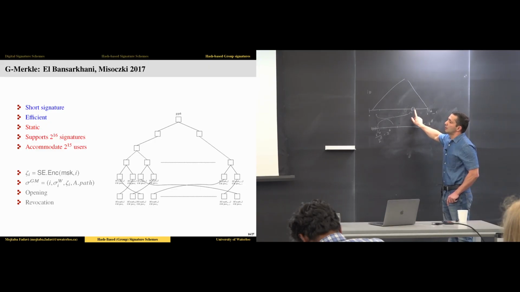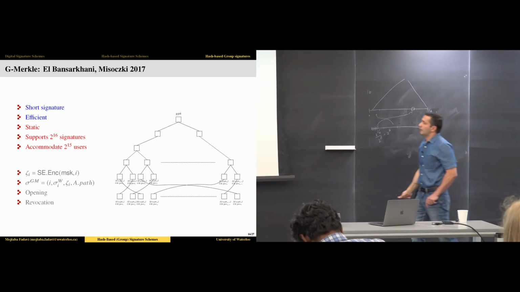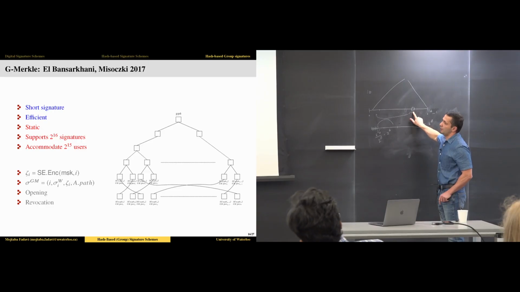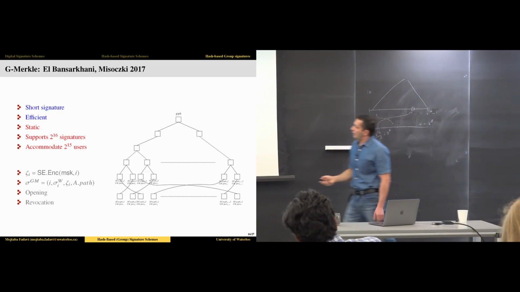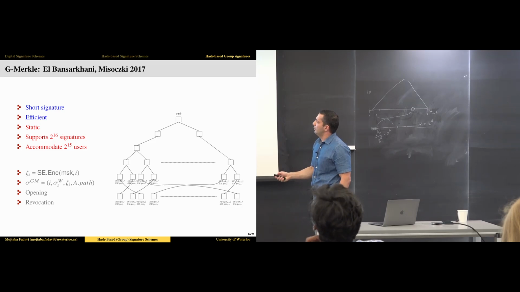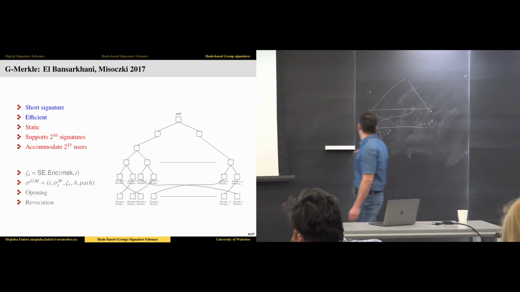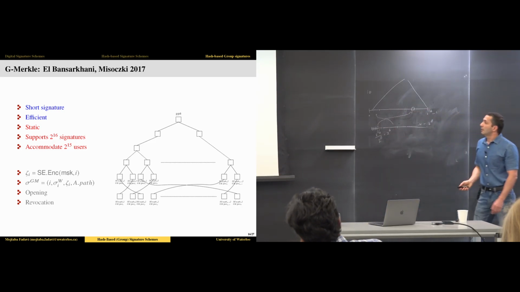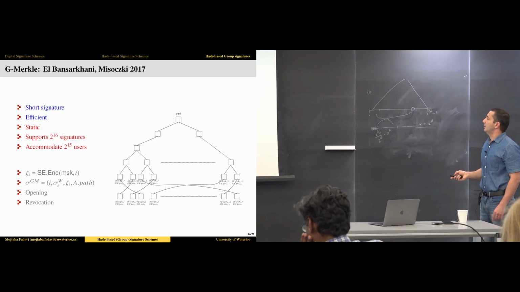Because of this permutation, an adversary cannot find the identity of the signer. And because of the encryption system that we have here, the manager can decrypt the value of zeta and find the identity of the user based on his interval. This is the idea behind G Merkle.